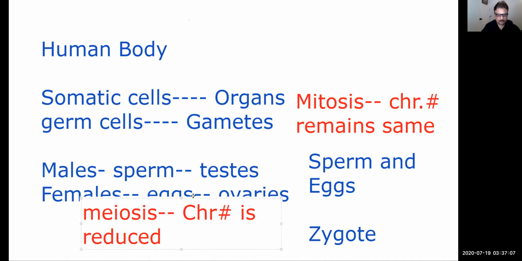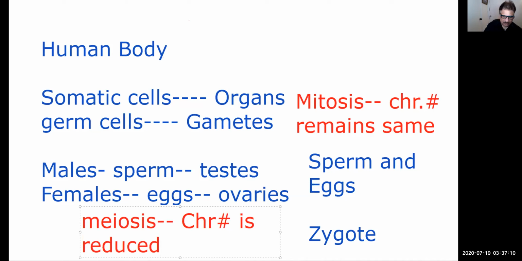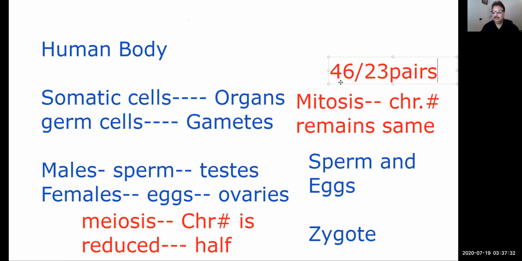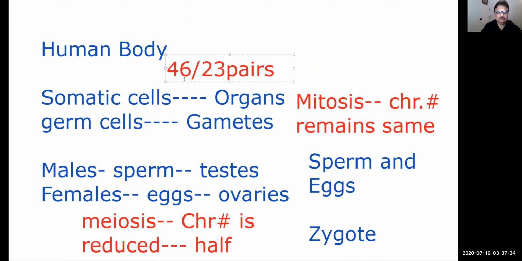It is reduced to half. Why half? Because I mentioned in the beginning of the class that each somatic cell in our body has 46 chromosomes, or 23 pairs of chromosomes. Don't get confused here. The 46 chromosomes are not all different, but they're present as pairs.